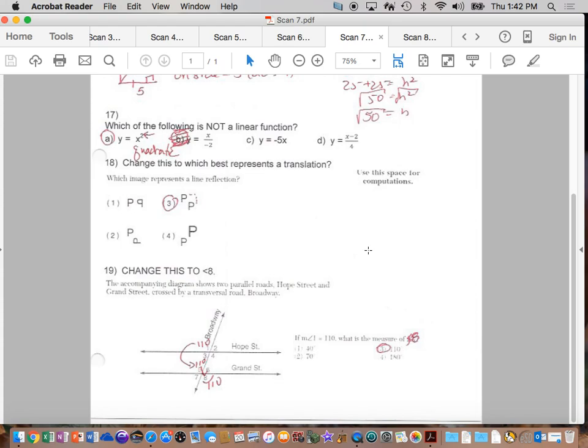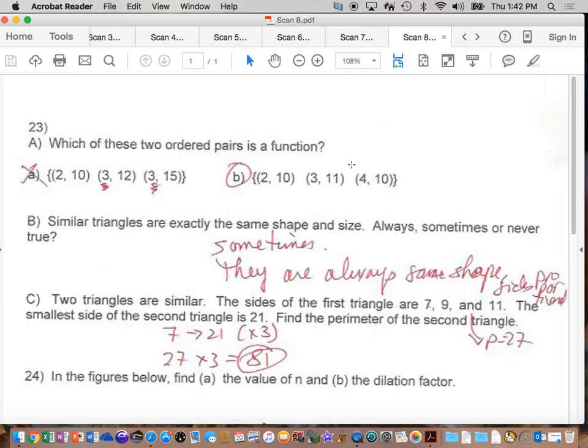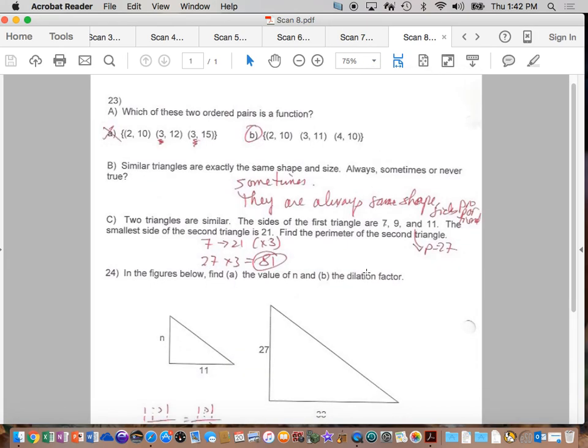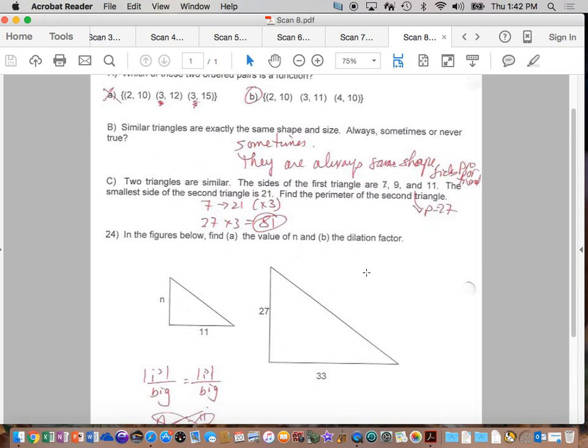You guys are awful quiet. Anything else on this page? Okay. Take a look. See how we're doing.